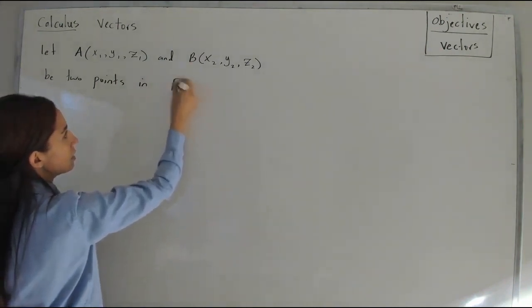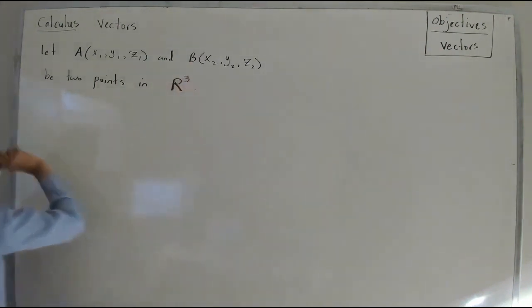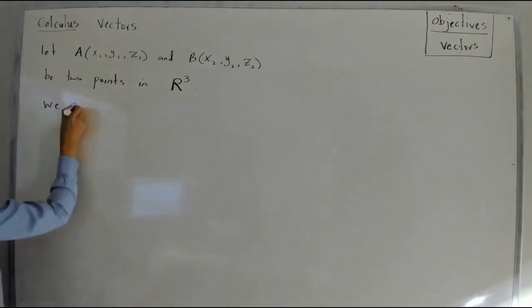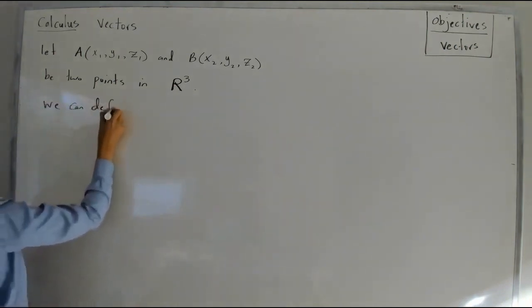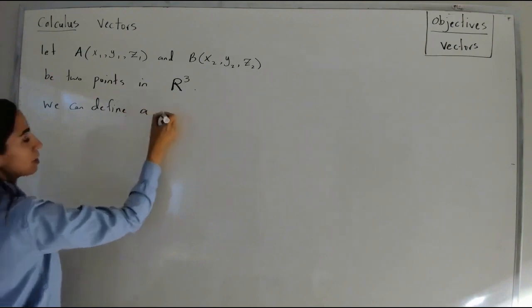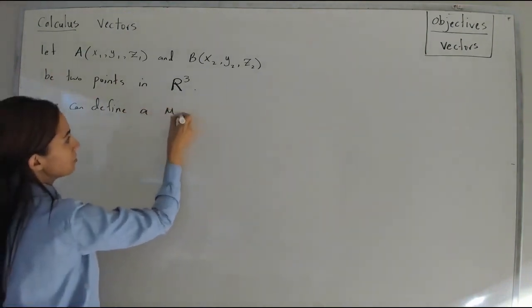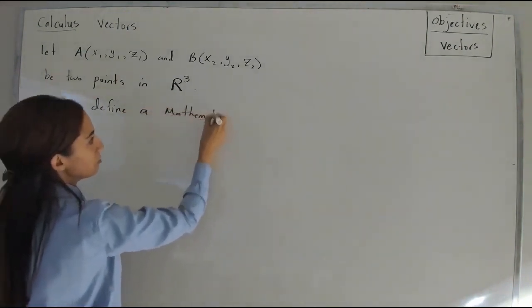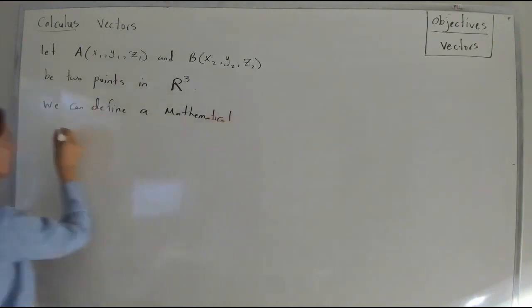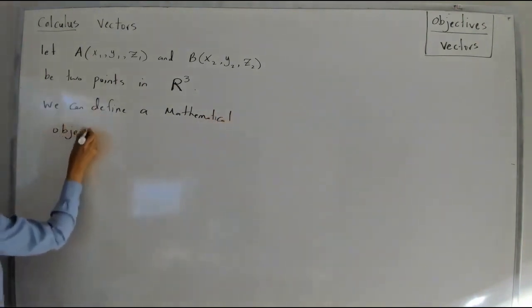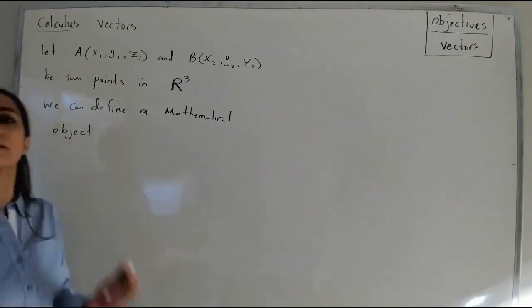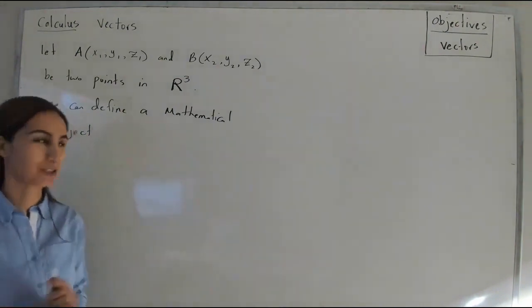Very well. We can define a mathematical object that has the direction and the magnitude.